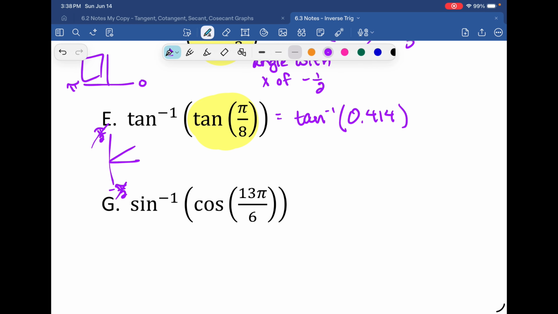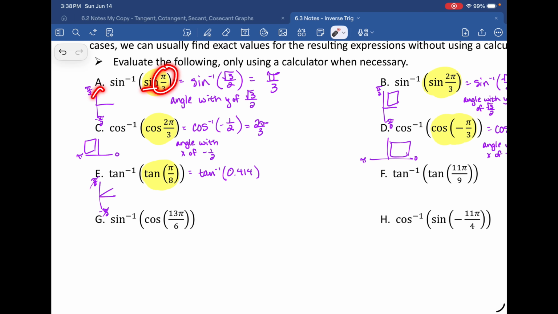So what we've seen: inverse sine, if the angle was inside the domain, I got that angle again. Inverse cosine of cosine, if the angle was in the domain, I got the angle again. Inverse tangent of tangent, same thing happens. If the angle is inside the domain, I get that angle again.